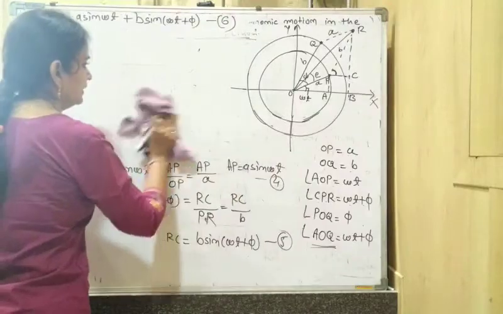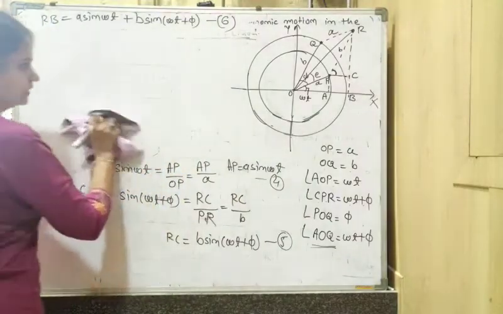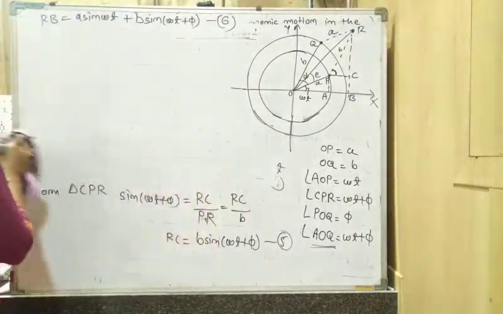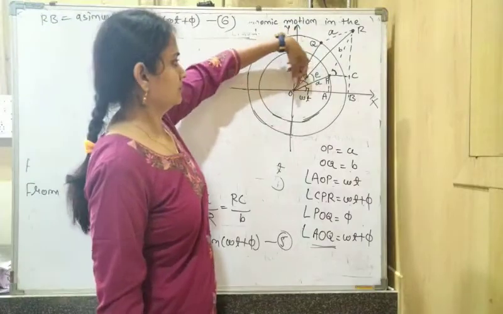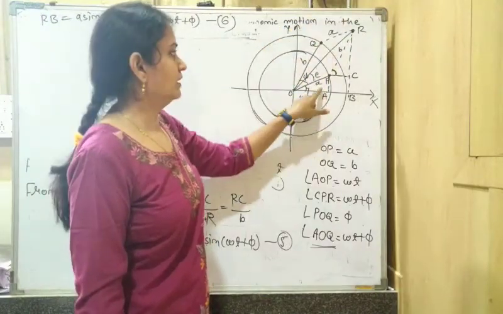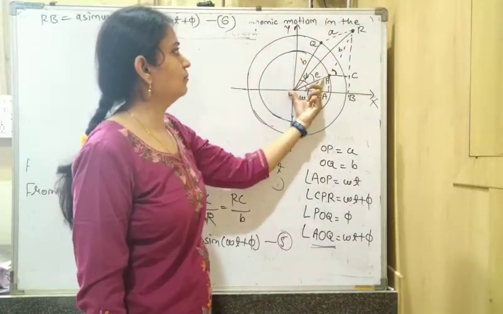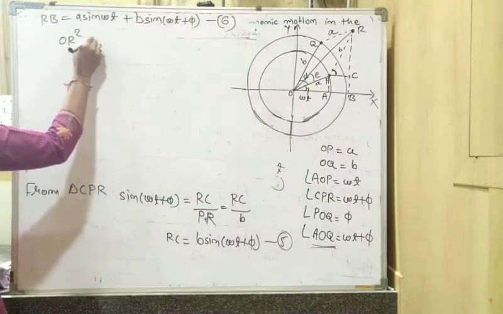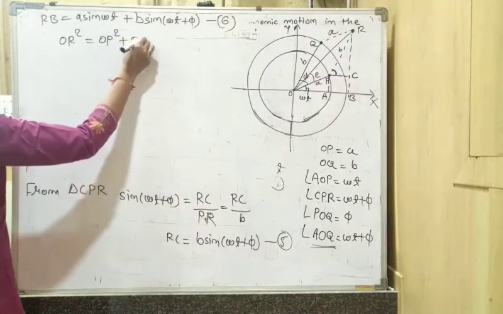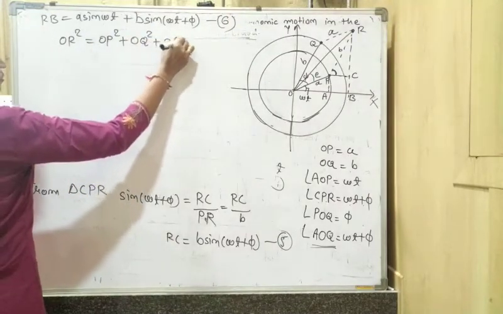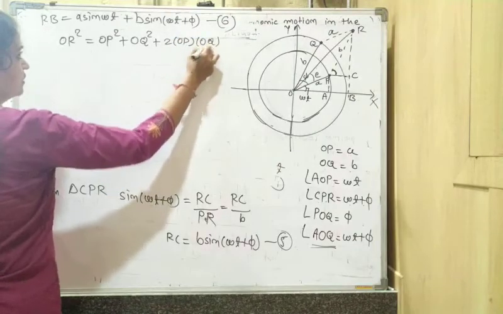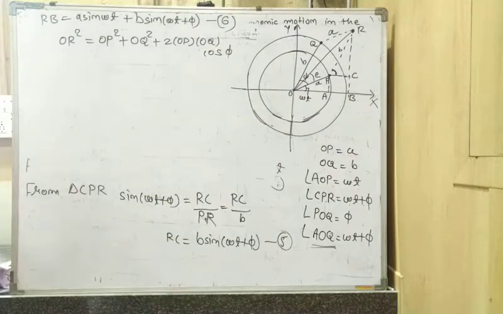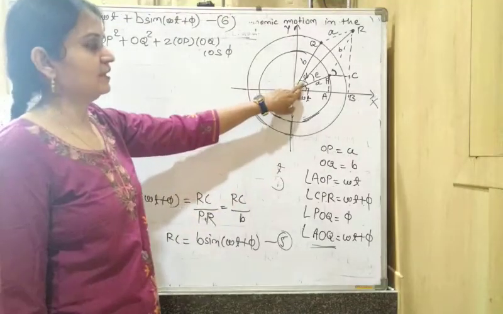Now we can also calculate the value of the resultant vector. From the figure, the resultant vector is OR, right? And the sides are A and B, that is OP and OQ. So take the equation OR square is equal to OP square plus OQ square plus 2 OP OQ cos phi, because the angle POQ is phi here.